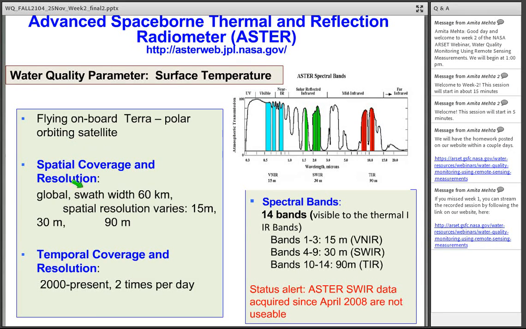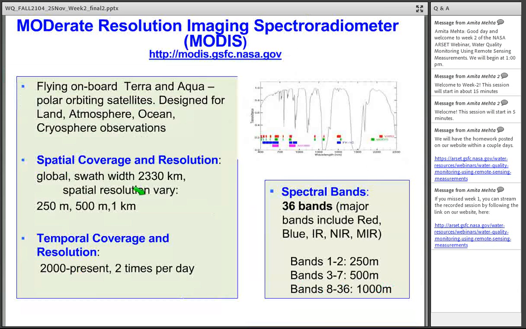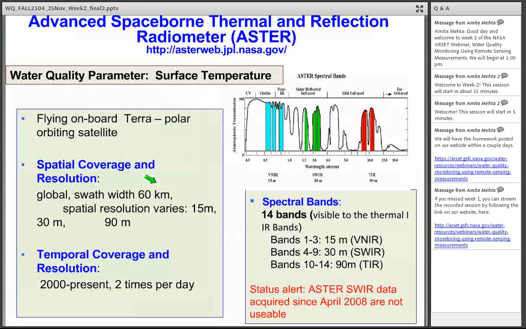The swath width is a little smaller, about 60 kilometers, compared to MODIS, which is about almost 30 kilometers. ASTER has resolution varying with bands again, 15 to 90 meters. And it also is available from 2000 to present.